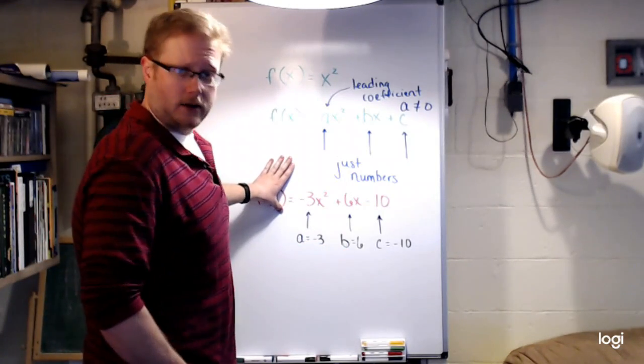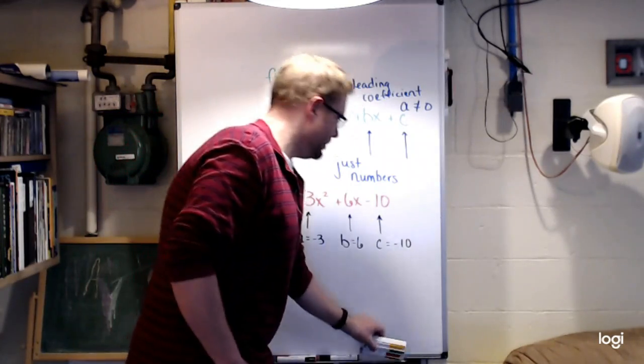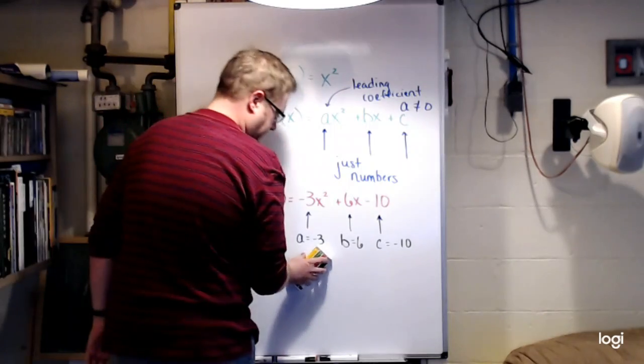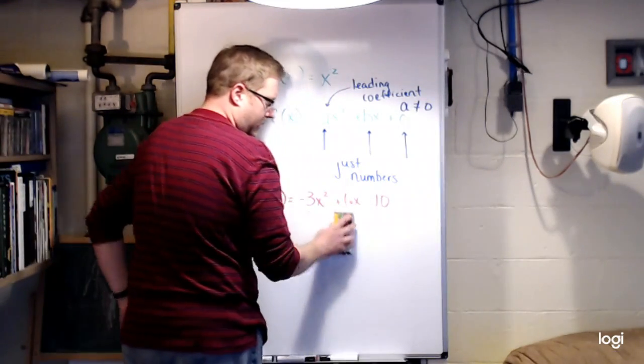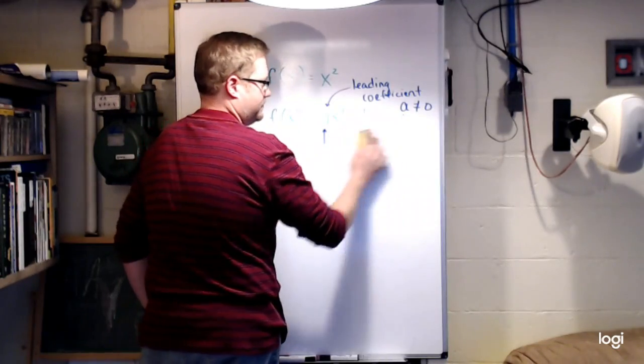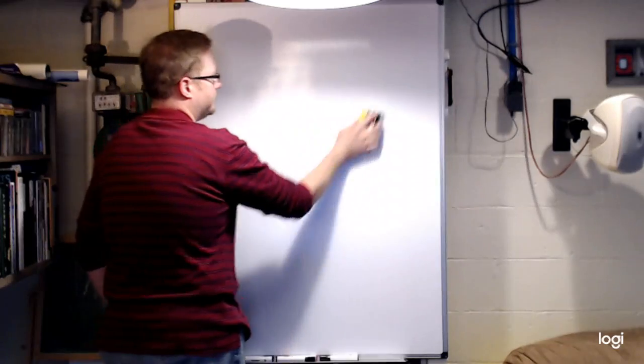A quadratic, on the other hand, gives you something else when you graph it. Let me draw just a quick illustration of what I'm talking about. A quadratic, when we graph it, does not give us a line. Instead, it gives us a curve.